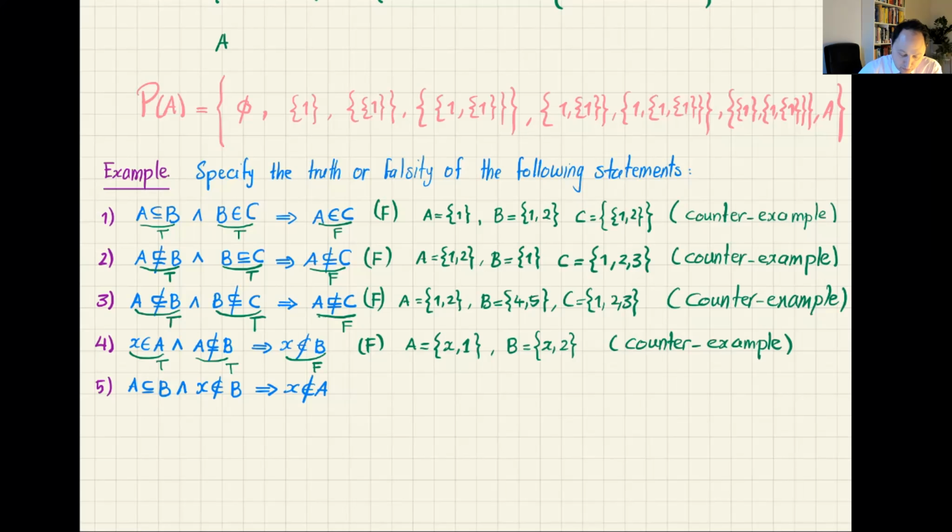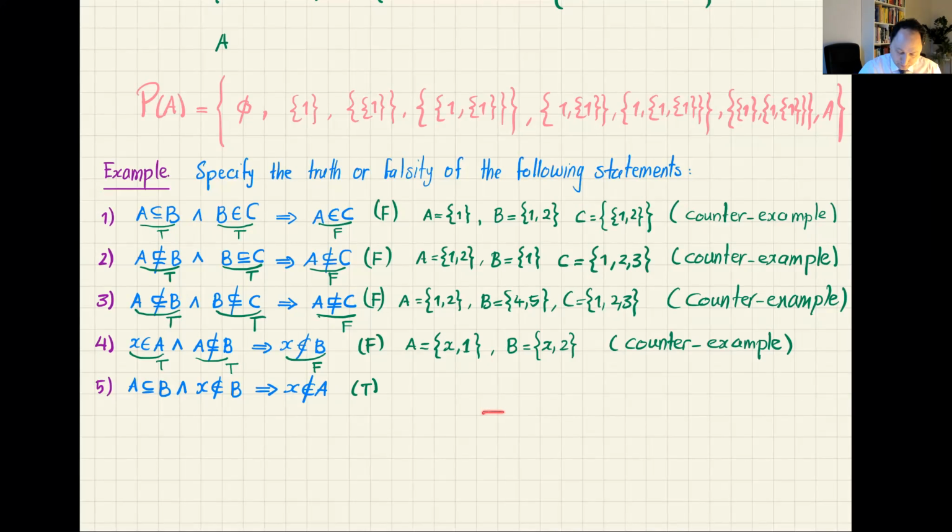And finally, what is your opinion about the last statement? I think this is the one that should be true. Yeah, this one is true. So we want to show that if A is a subset of B, and of course this is clear, yes? Let me just draw a Venn diagram for you.